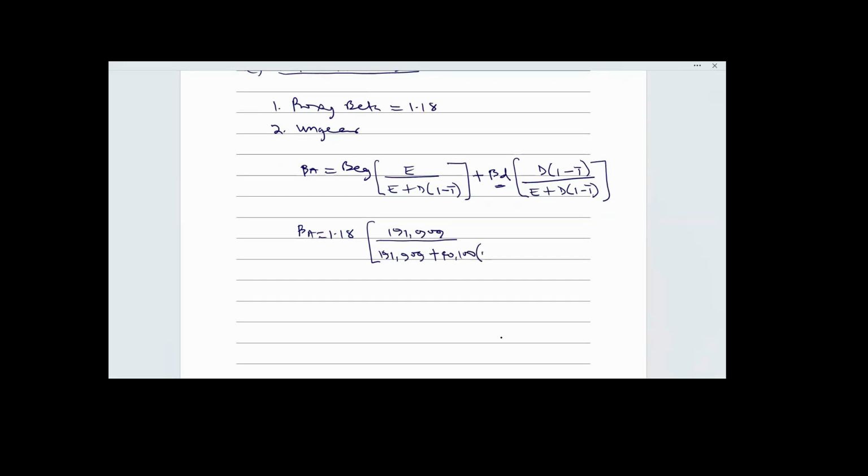Tax rate is 35%, so we are accounting for 65%. Plus debt beta of 0.3 multiplied by 4,100 times 0.65, divided by 191,909 plus 4,100 multiplied by 0.65.